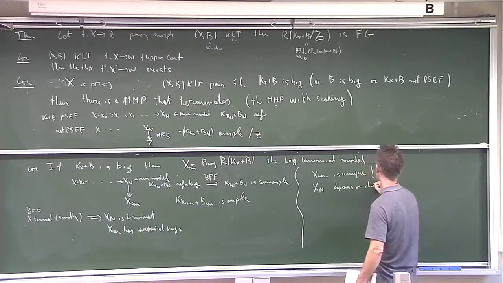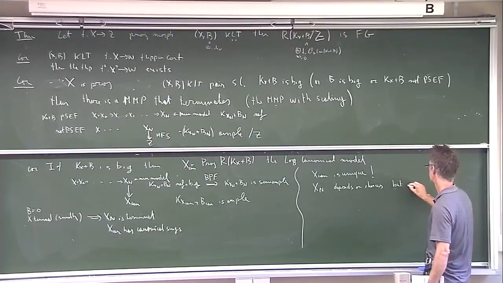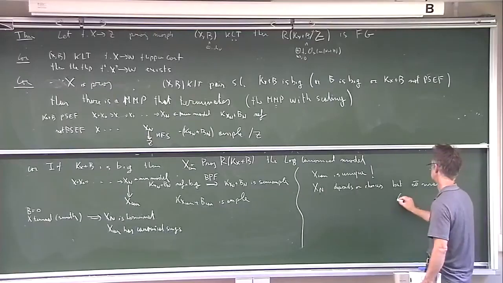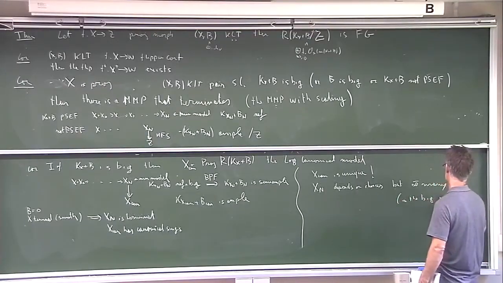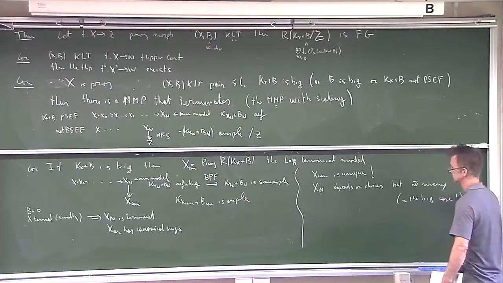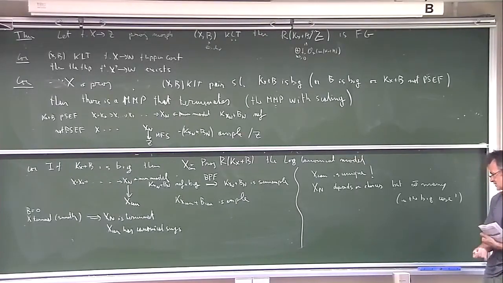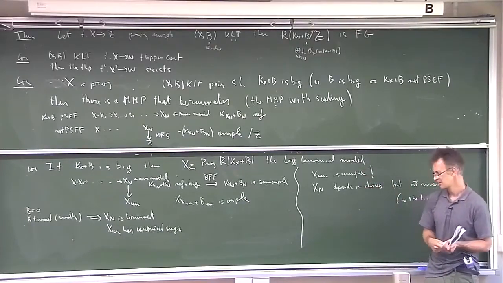It's not unique. But there are finitely many in the big case. So canonical models really are much better for many purposes.